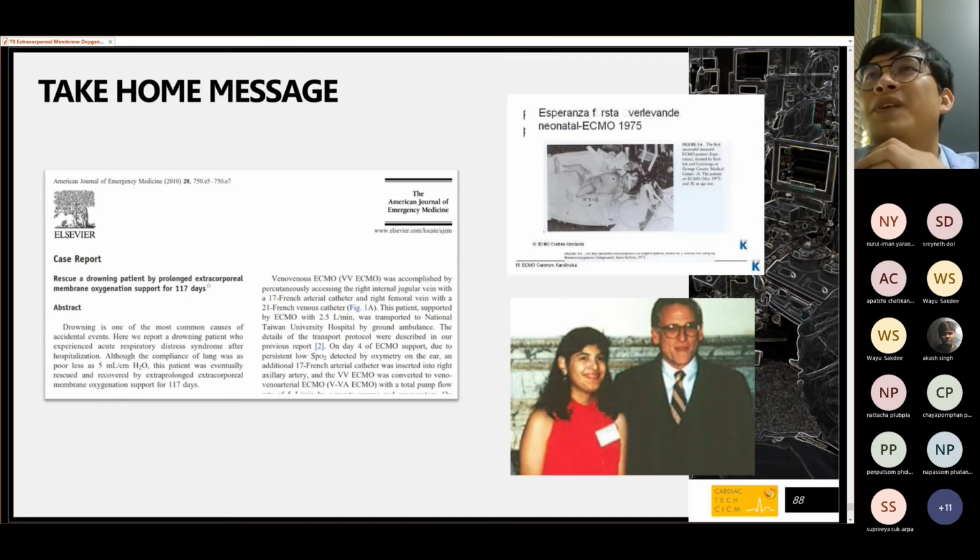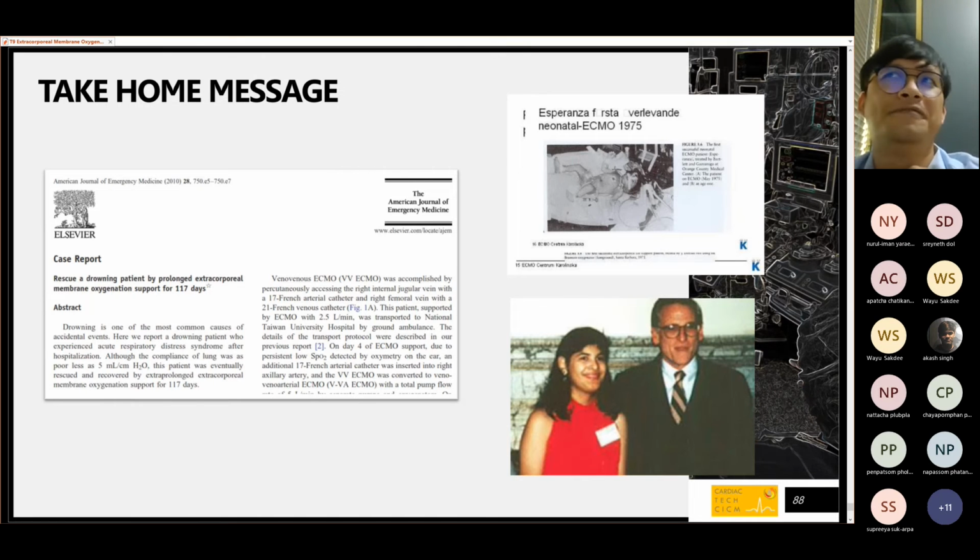So we have a lot of evidence and proof that this kind of procedure can help some people, even though the survival rate is around half and half. Another case report I show you here: a Downing patient had prolonged support by the Ecmo for almost 4 months.